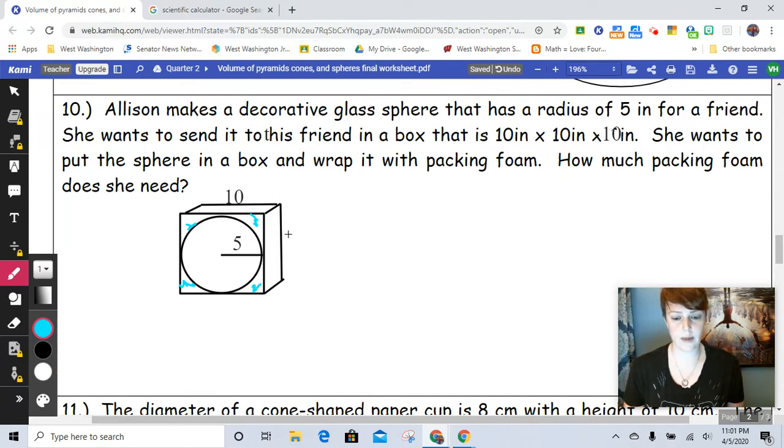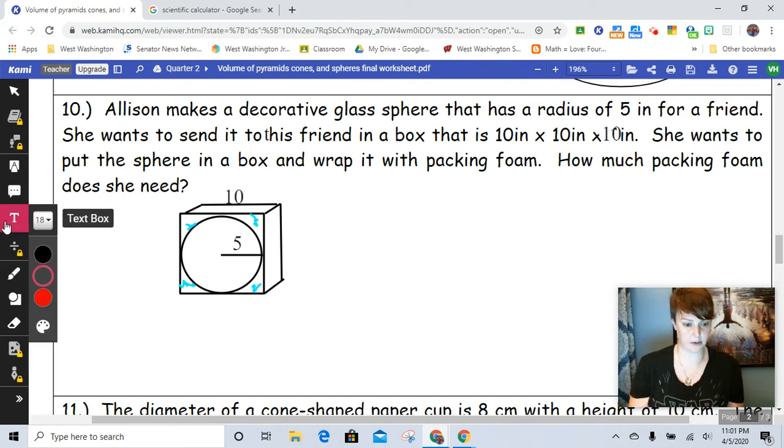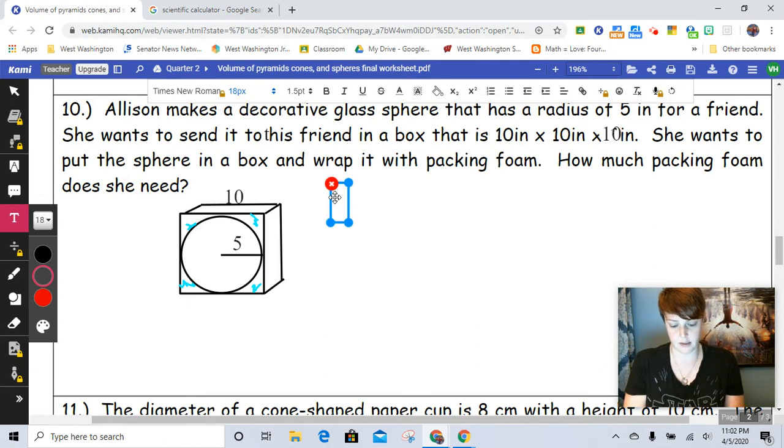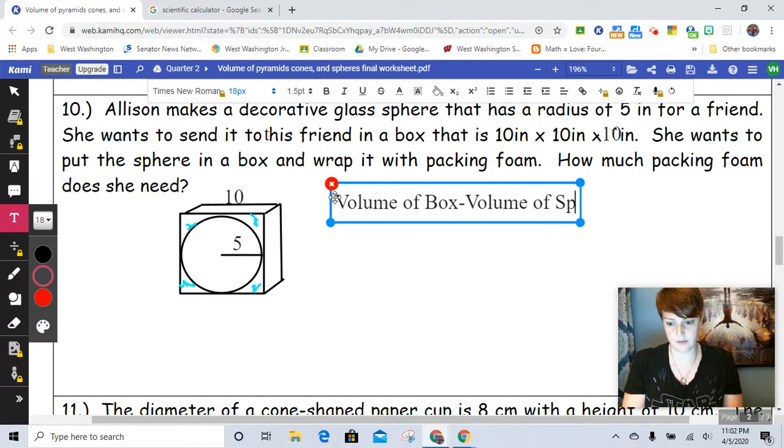So what we need to do to figure out what all this empty space is, we need to find the volume of the box and then take away the volume that the sphere is taking up. And so that's going to be our setup here. We're going to say volume of box minus volume of sphere is packing space.